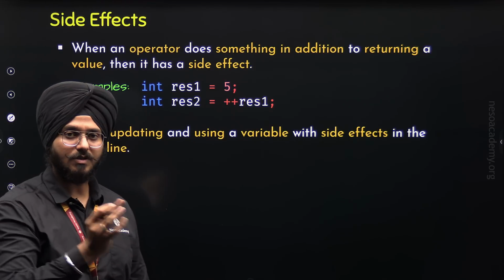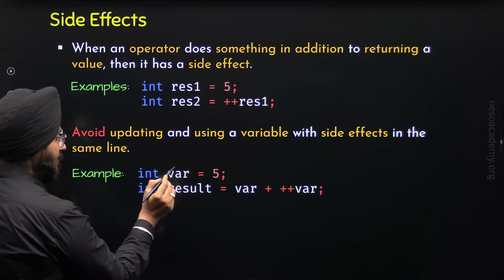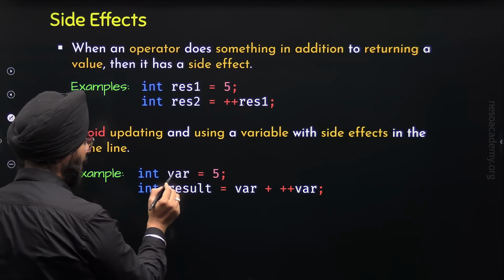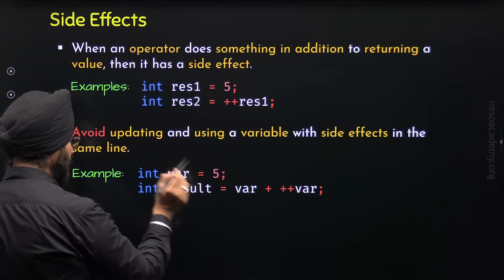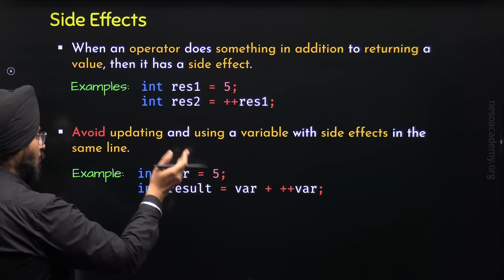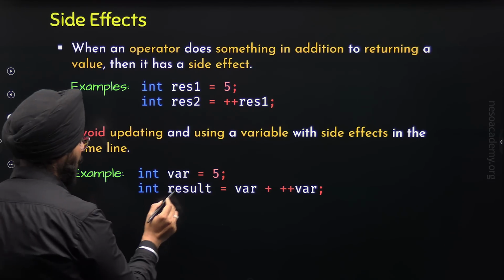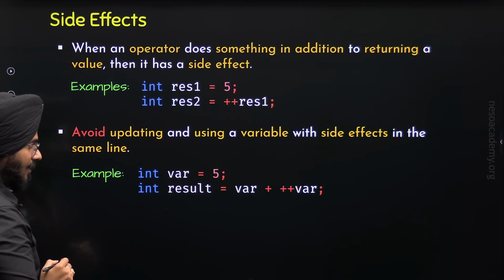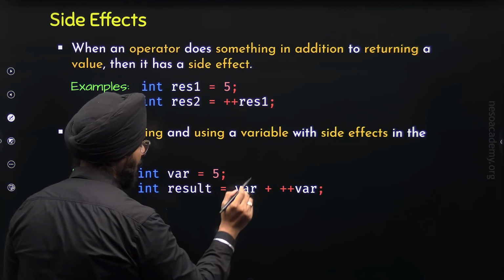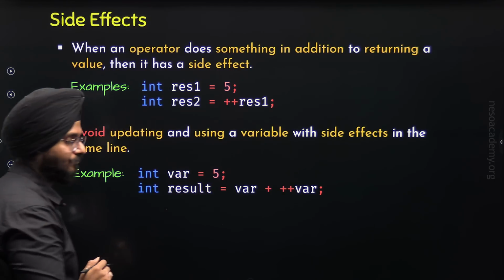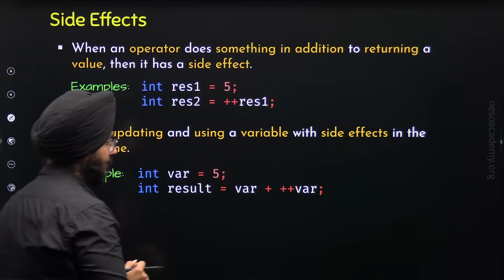Now let me explain this with the help of an example. Here I've defined this variable var and I've initialized this variable with value 5. Again, I'm using copy initialization here. If you want, you can use list initialization. Here I've defined this variable result of type int, and here I'm trying to assign the result of var + ++var. Now I want you to focus on this expression.